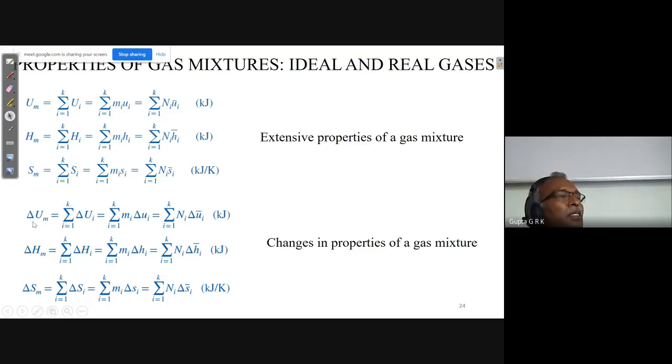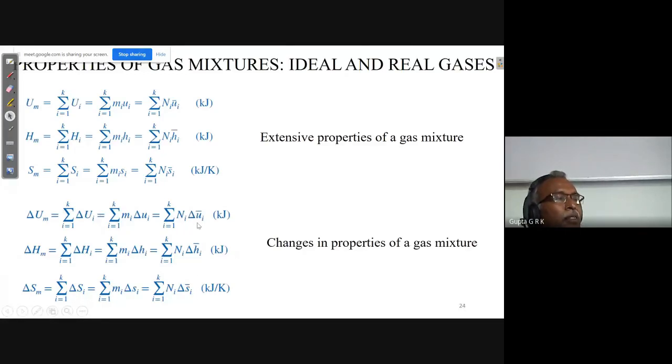And so the change in the properties, that is change in internal energy, change in enthalpy, change in entropy if I want. So delta Um is the sum of delta Ui, right? In terms of mass basis, mi into delta ui, and in terms of mole basis, Ni into delta Ui bar. Okay, it is just straightforward.